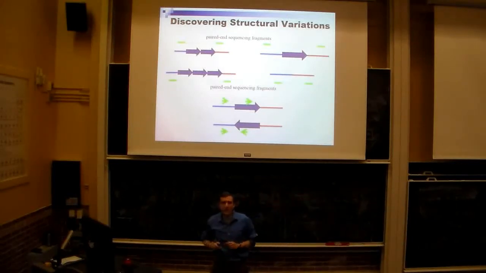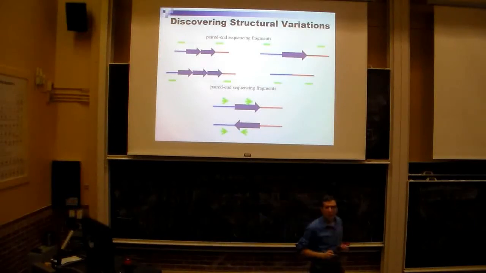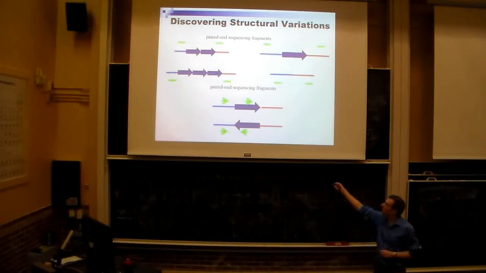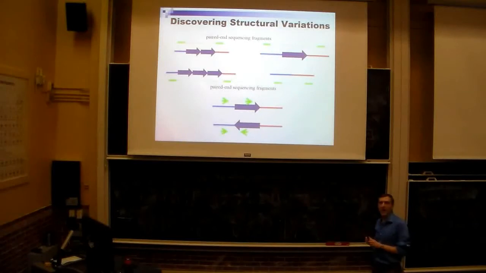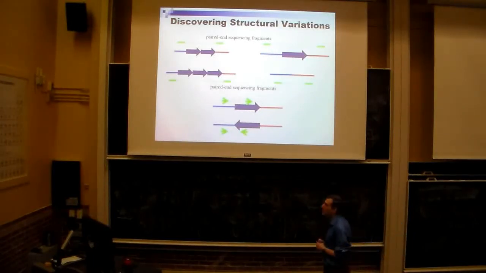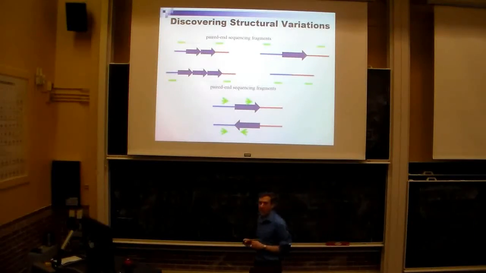Finding inversions is a little trickier, so you could figure out that you have an inversion in part because the paired ends would be pointing in opposite directions in your actual sequence relative to the directions they seem to be pointing in the reference sequence.